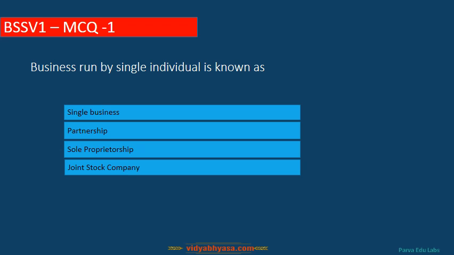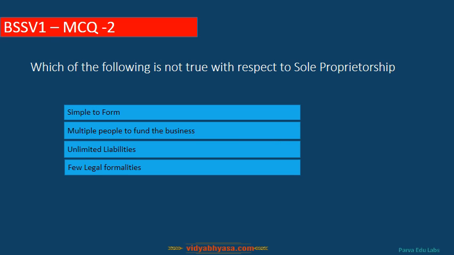A business run by a single individual is known as sole proprietorship. Which of the following is not true with respect to sole proprietorship? It is simple to form, yes, correct. Multiple people to fund the business, this is wrong. Unlimited liability and few legal formalities are all features of sole proprietorship except multiple people to fund the business.